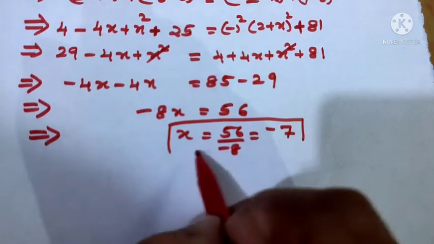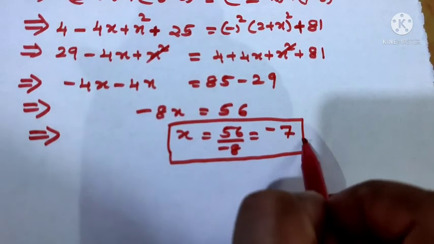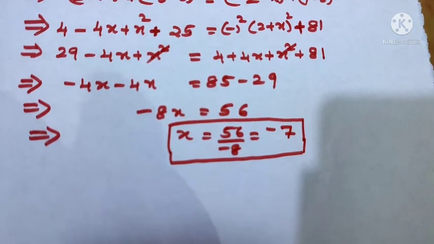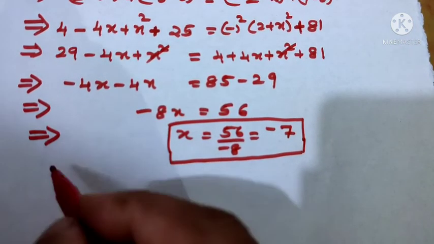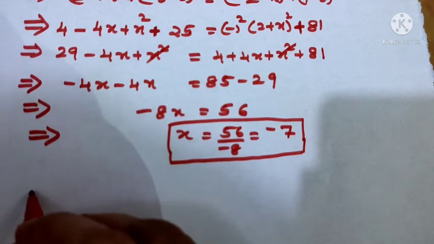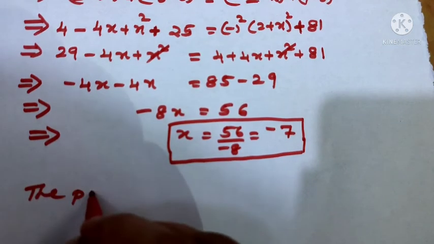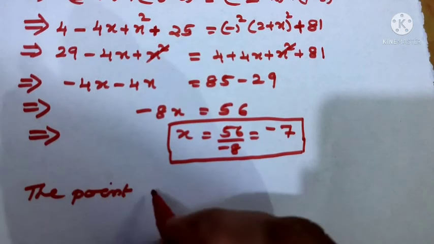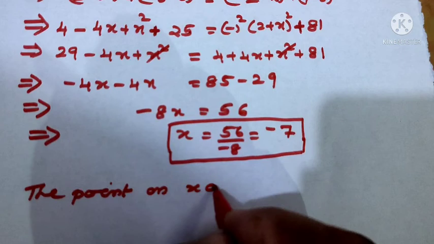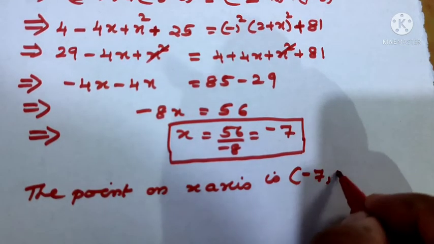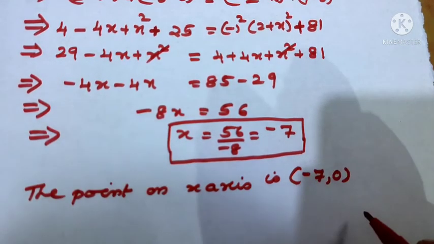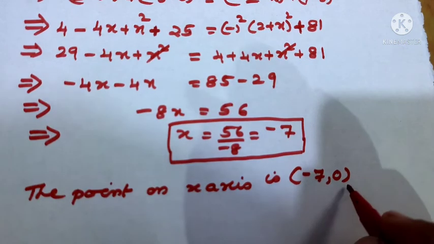Now the question is not completed. If you read the question, it says find a point on the x-axis. We have calculated the x value only. According to the question, the point on the x-axis is minus 7 comma 0, because we assumed P(x, 0) is the point on the x-axis.